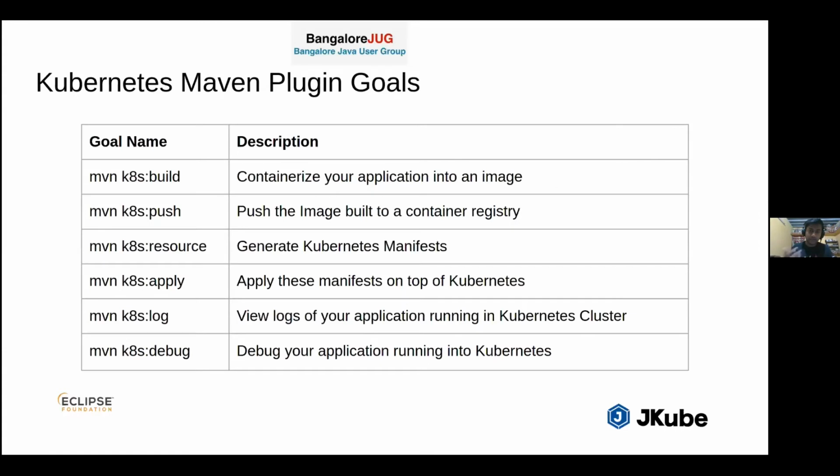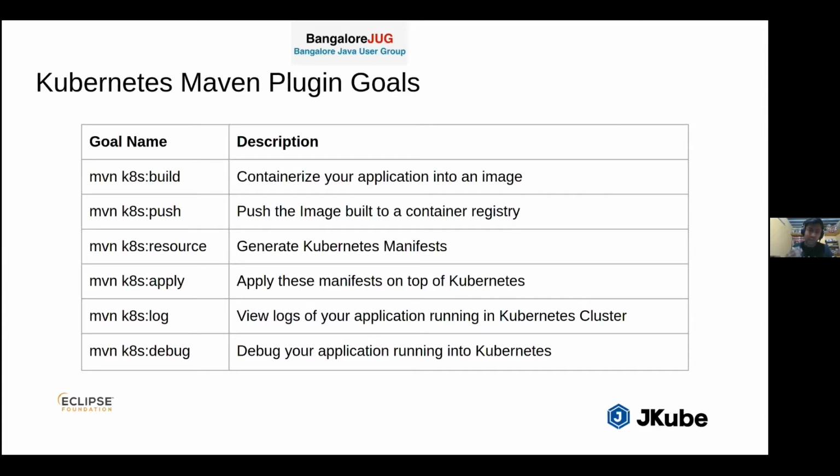So let's take a look at the goals. We are going to look at the Kubernetes Maven plugin and an overview of all of its goals. We have the build goal, which allows you to containerize your application into a container image, and the push goal, which allows you to push the container image to some container registry, either public or private.